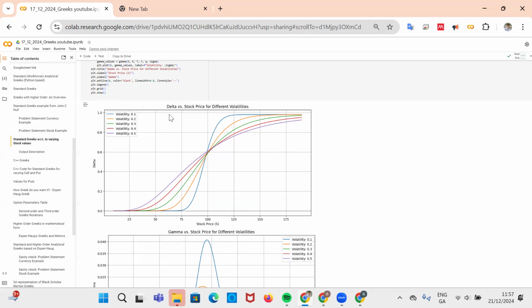So with the low volatility, we don't do much most of the time. The value of the call is less responsive to a change in the value of the stock. But when the volatility is higher, changing the stock price actually will have a much more dramatic effect in terms of the value of the option for the out of the money option.